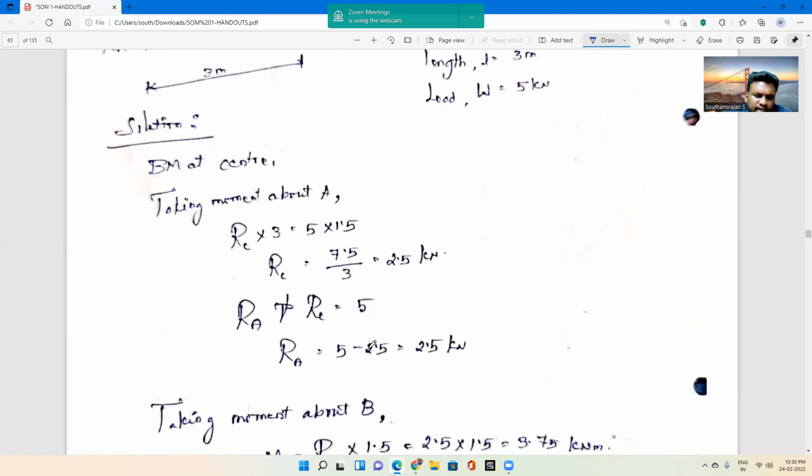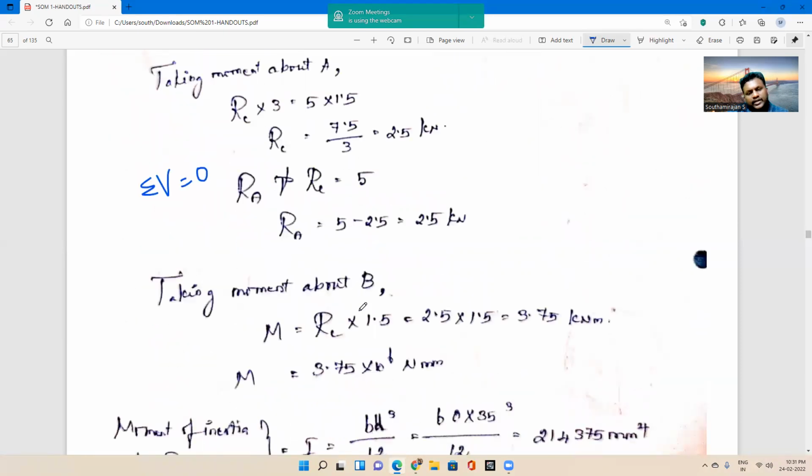From this we calculate RC equal to 2.5 kilonewton. By applying the vertical equilibrium condition, summation V equal to 0, RA plus RC equal to 5 kilonewton. Since RC equal to 2.5 kilonewton, RA equals 5 minus 2.5, so RA equals 2.5 kilonewton. So the reaction values for RA as well as RC are equal to 2.5 kilonewtons.